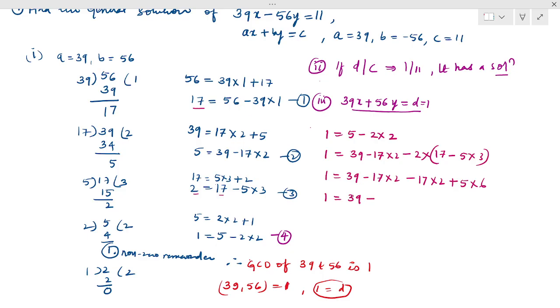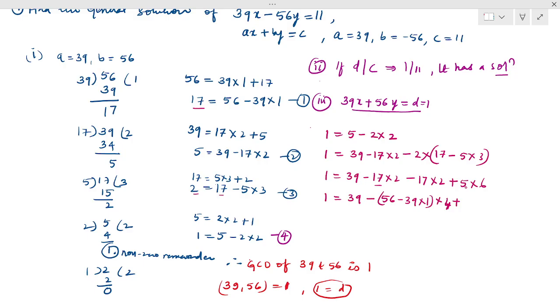What is 17? 56 minus 39 into 1. There are two values of 17, right? 17 into 2, 17 into 2. So I have substituted the 17 value, you can write this multiplied by 4.